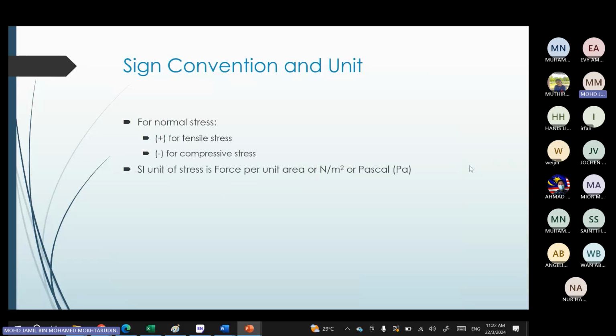Stress also has direction, similar to force. For normal stress we use positive to represent tensile and negative to represent compressive stress. In SI units, the stress unit is Pascal, or force per unit area, Newton per meter squared. But usually when you answer your question, you write the unit in Pascal instead of Newton per meter squared. So remember Pascal and Newton per meter squared.